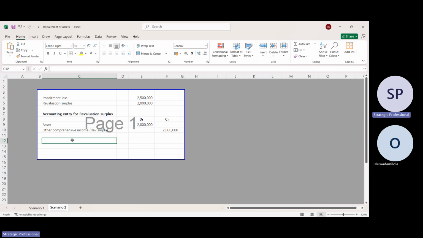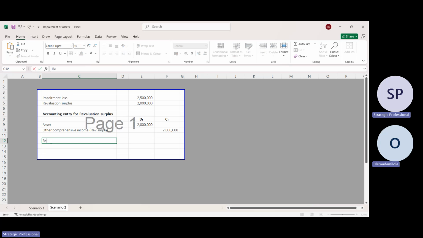What I mean is, in this scenario, the revaluation surplus account has 2 million, but the impairment loss is 2.5 million. What the standard is saying is take 2 million out of this 2.5 million and debit revaluation surplus.